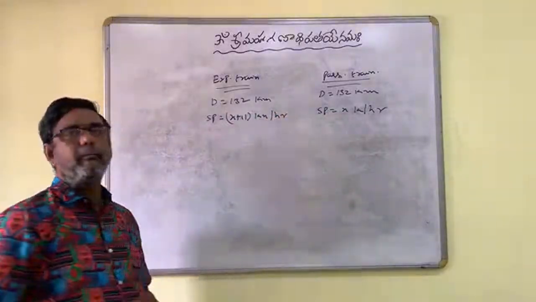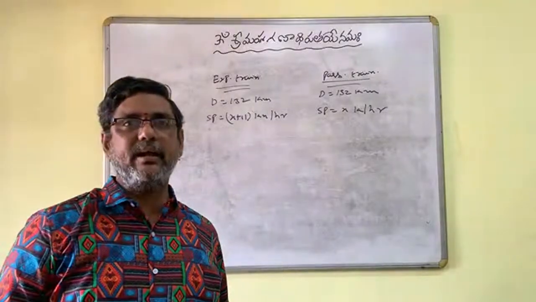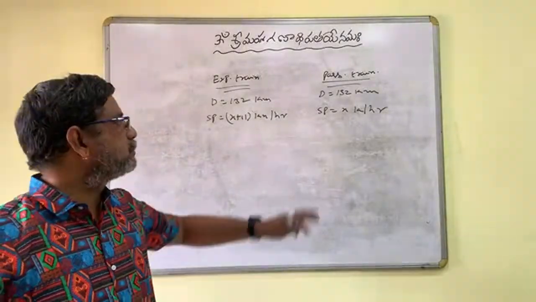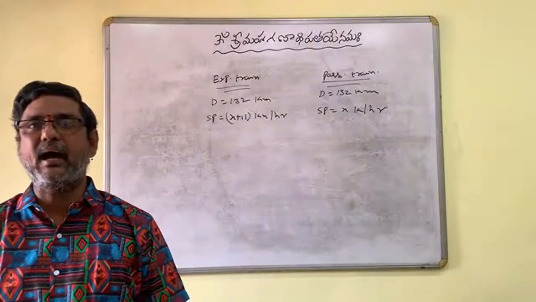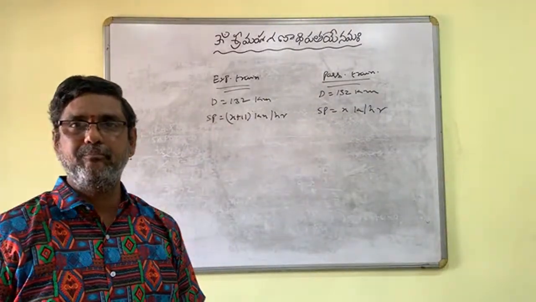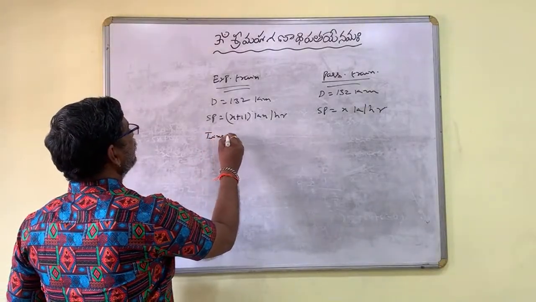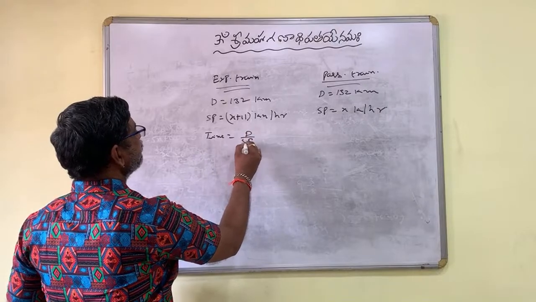Because the passenger train's speed is less and the express train's speed is more, the speed of passenger train is x kilometers per hour and the speed of express train is x plus 11 kilometers per hour. Okay. Now, time is distance by speed.